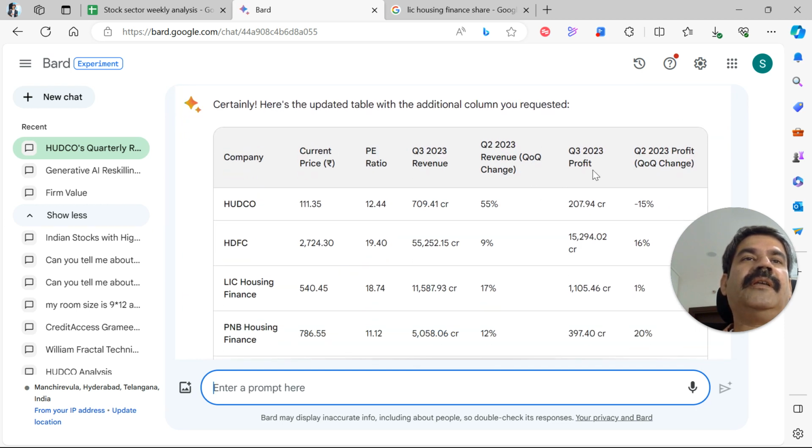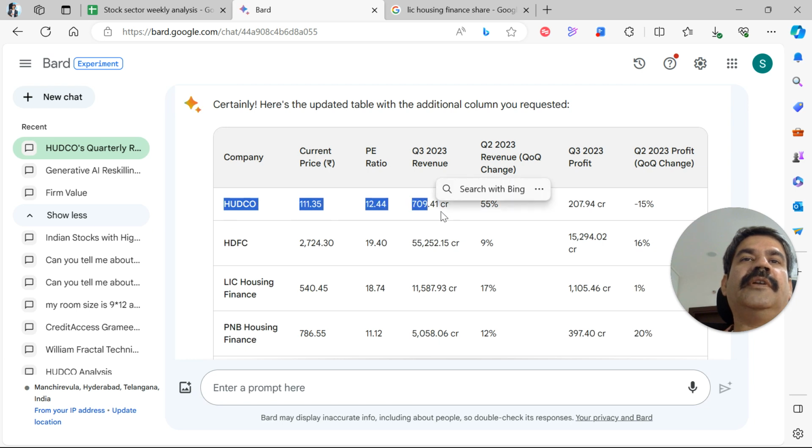So it indicates that the Hoodco revenue in quarter 3 was 709.41 crores and profit in quarter 3 was 207.